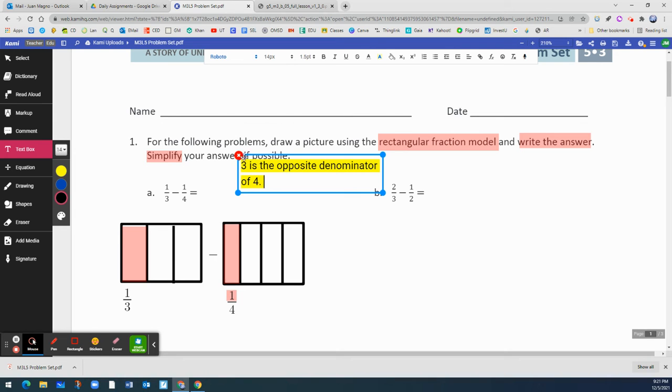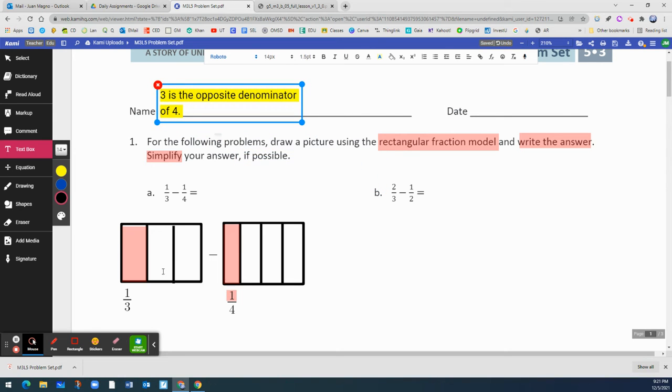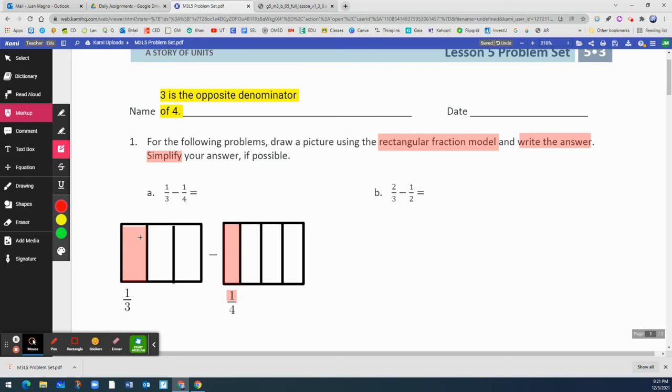So that gives you an idea of what I'm talking about. So 3 is the denominator right here on the bottom, as you can see, and 4 is the opposite denominator. So that's how you identify them.